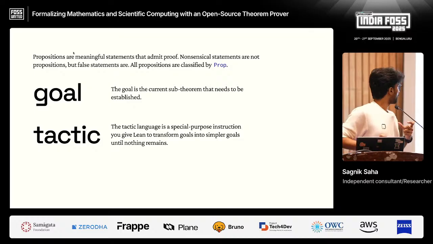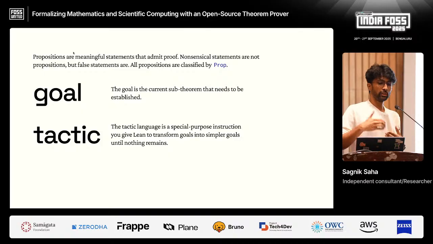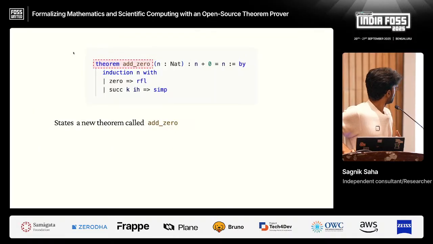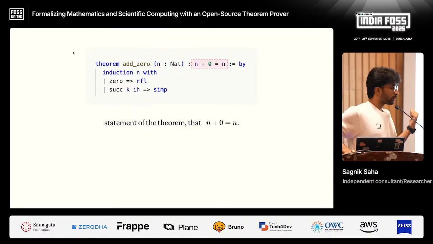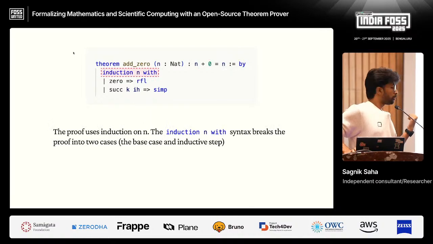Tactics are instructions that we give Lean that break the goal into simpler goals and then prove the subsequent goals until nothing remains. In this case, theorem add_zero starts a new theorem. We define that we are proving it for natural numbers, and this is the statement of the theorem, that n + 0 equals n.